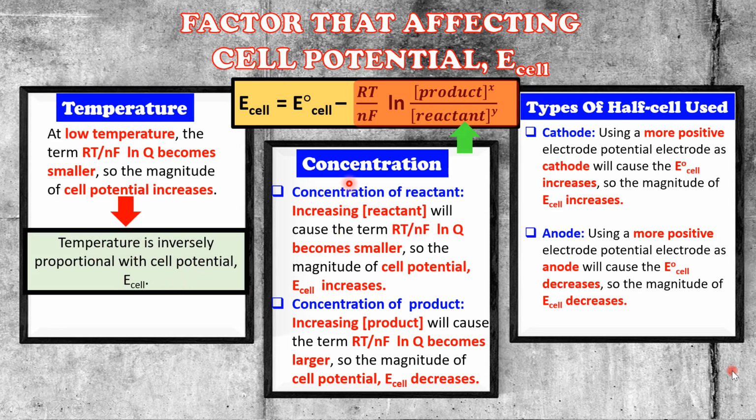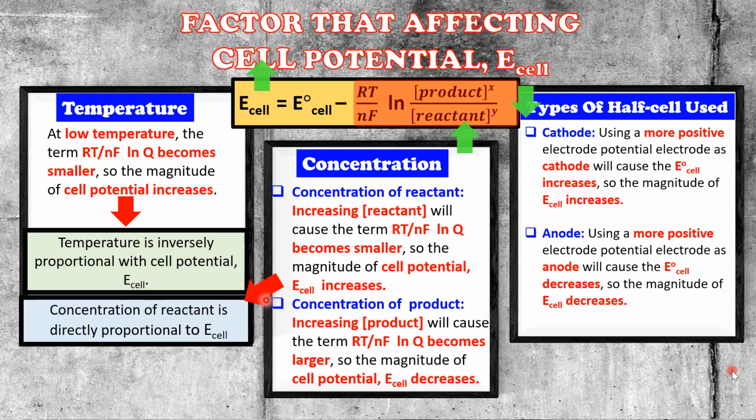For the second factor, in terms of concentration, if the concentration of the reactant increases, it will cause the term RT over nF ln Q to become smaller. The magnitude of cell potential, that is E cell, will increase. So we can conclude that the concentration of reactant is directly proportional to E cell.